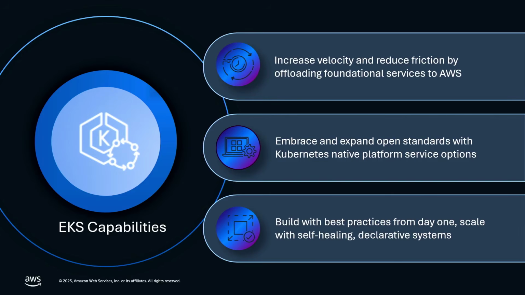So this will be overall increasing all your velocity and time to market using all of these managed features from the baseline with EKS Auto to network observability, network policies, and now managed capabilities.